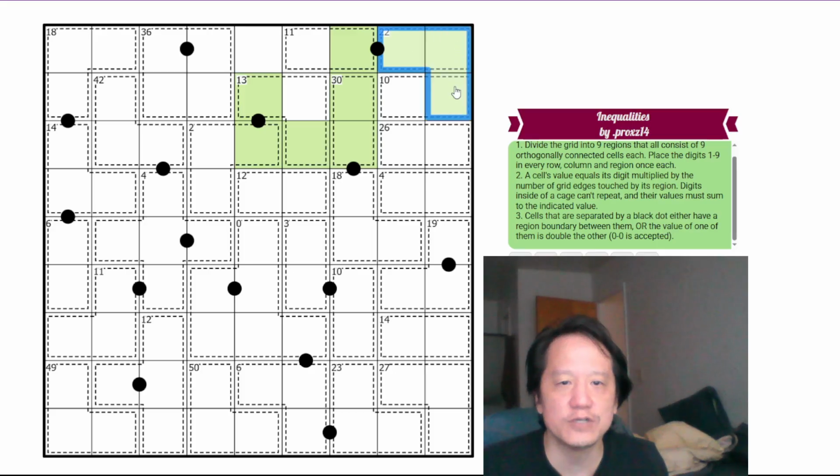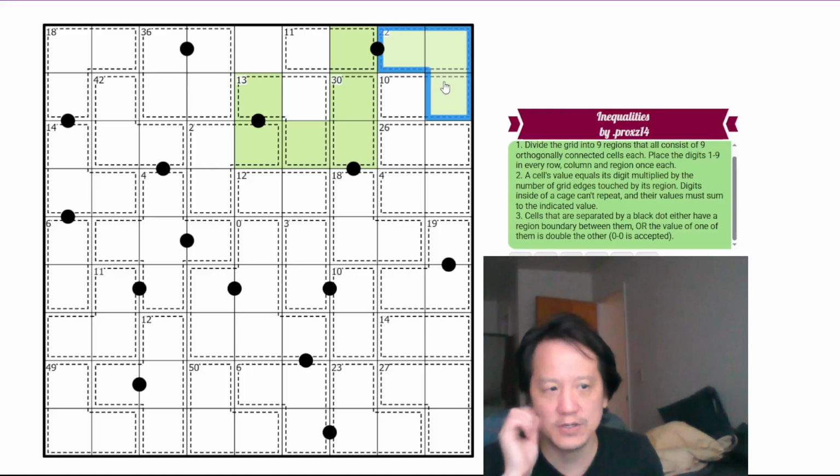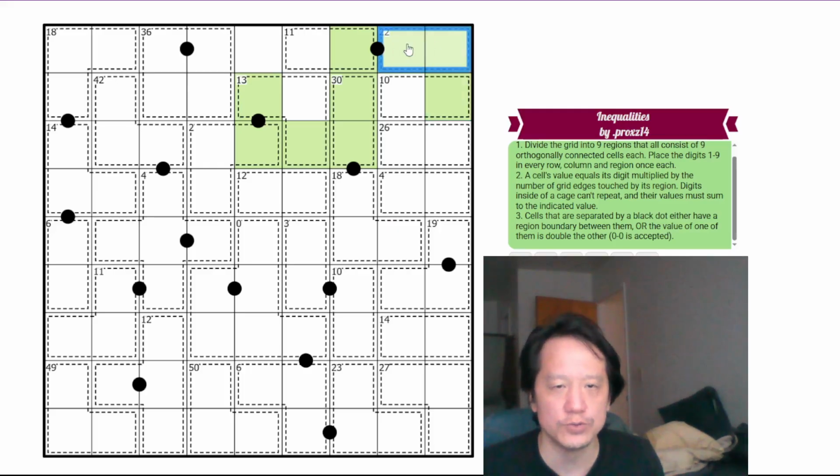So the values of these cells must add up to 22 here. The value of these 2 cells must add up to 11, 30, etc. So that is how cell values work.